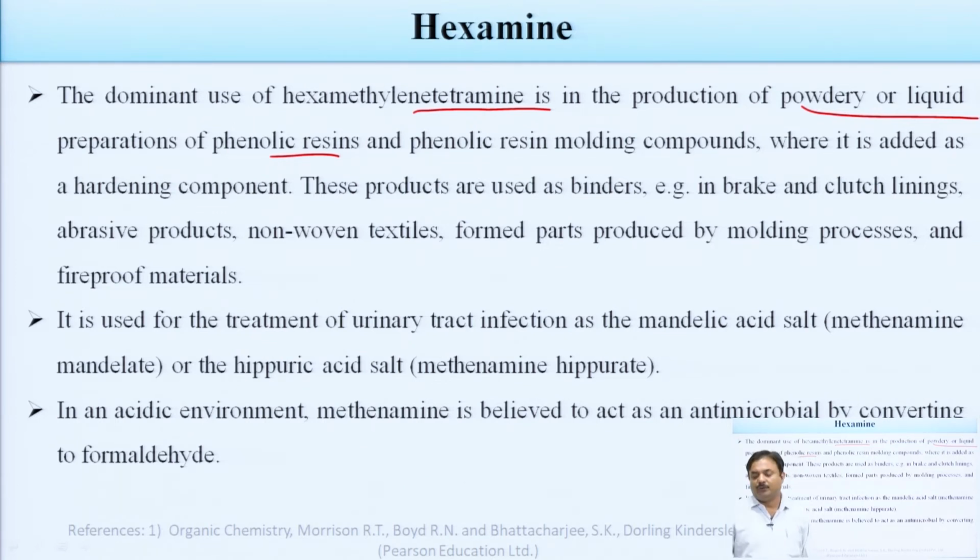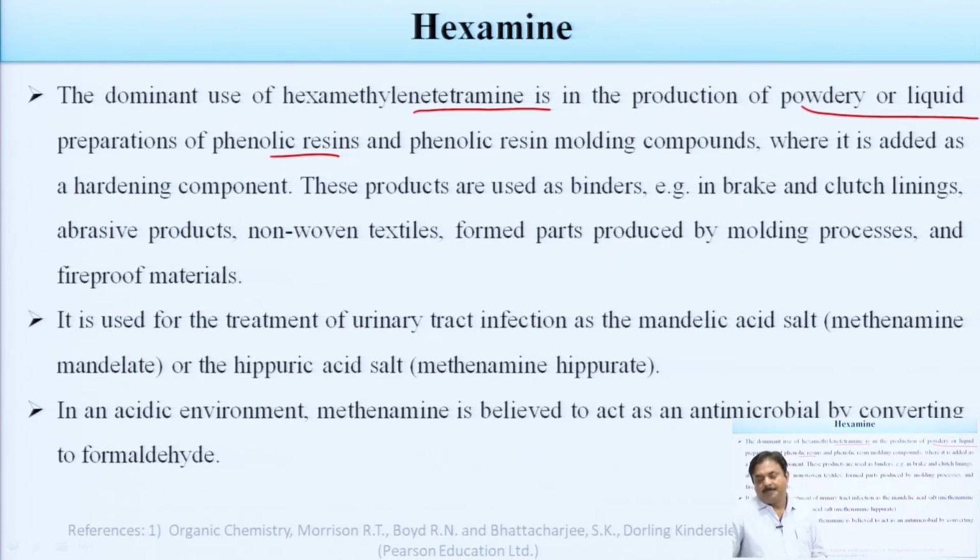Then it is also used for the treatment of urinary tract infection as the mandelic acid salt, that is methenamine mandelate, or the hippuric acid salt, for example, methenamine hippurate. So, UTI is a very common problem in women especially.